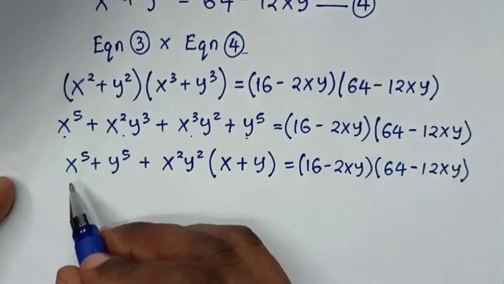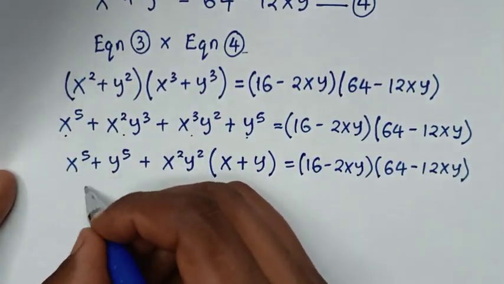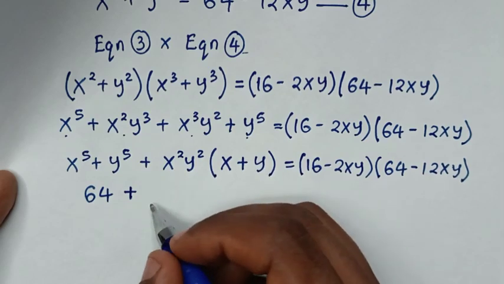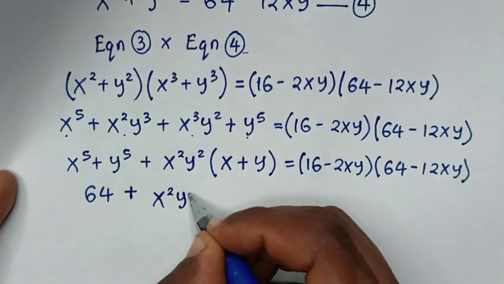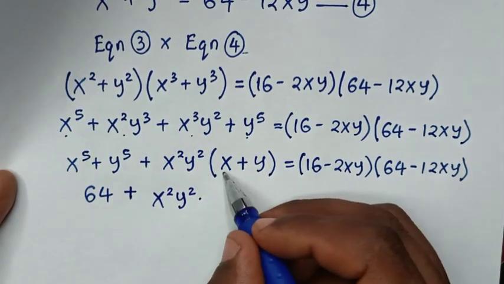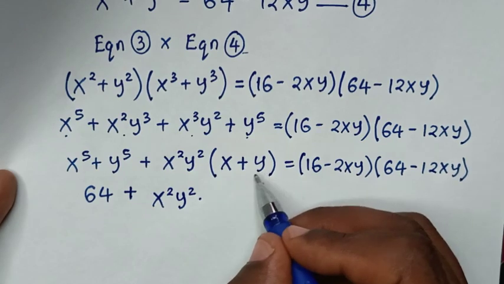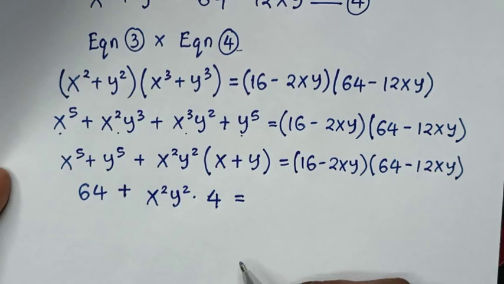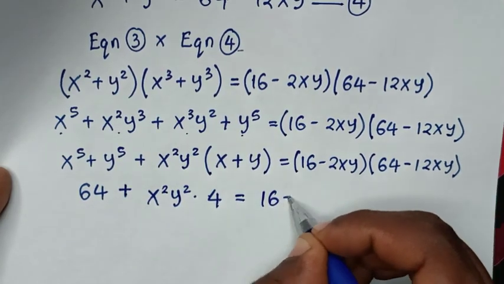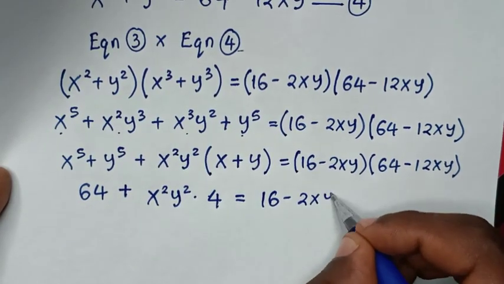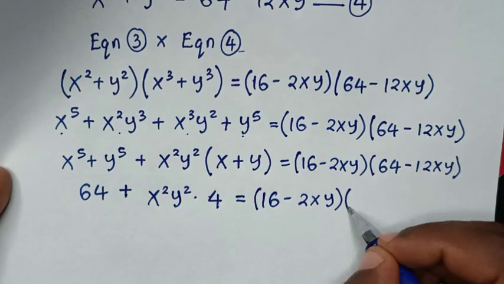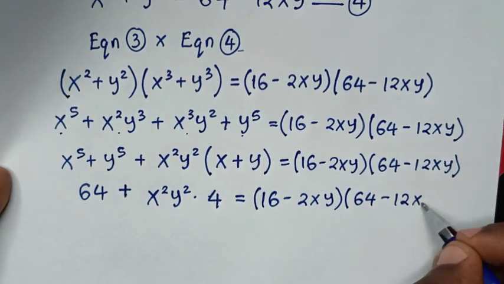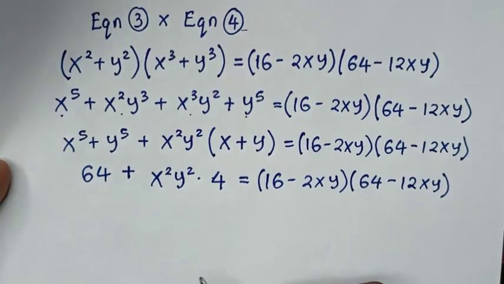So here we substitute 64. So it will be 64 plus x square y square times x plus y, from equation 1, which is 4. So here it will be times 4 is equal to 16 minus 2xy, bracket, then times 64 minus 12xy, bracket.